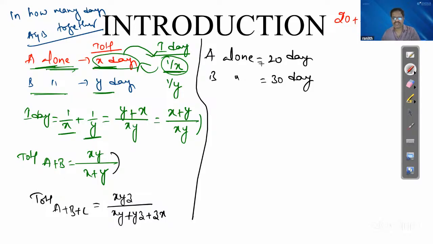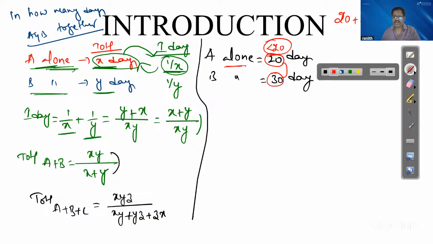Already you mentioned A alone takes 20 days, B alone takes 30 days. If these two are working together, the answer will be less than 20, because A alone is only taking 20 days.